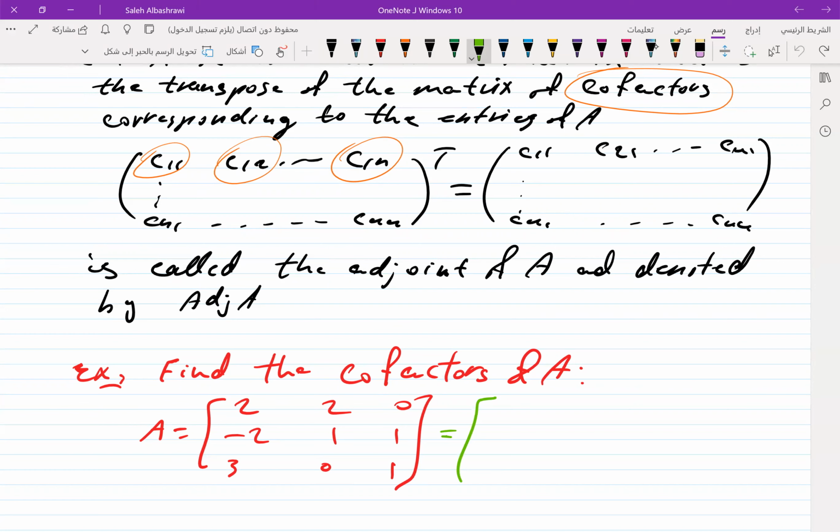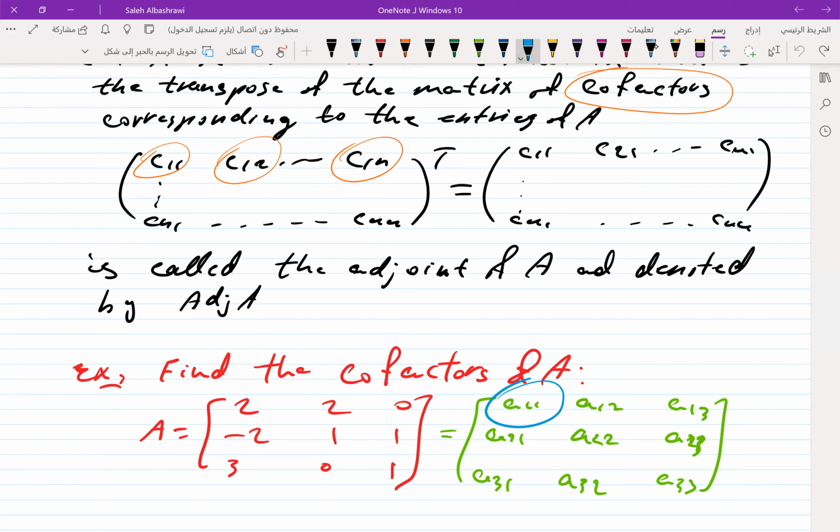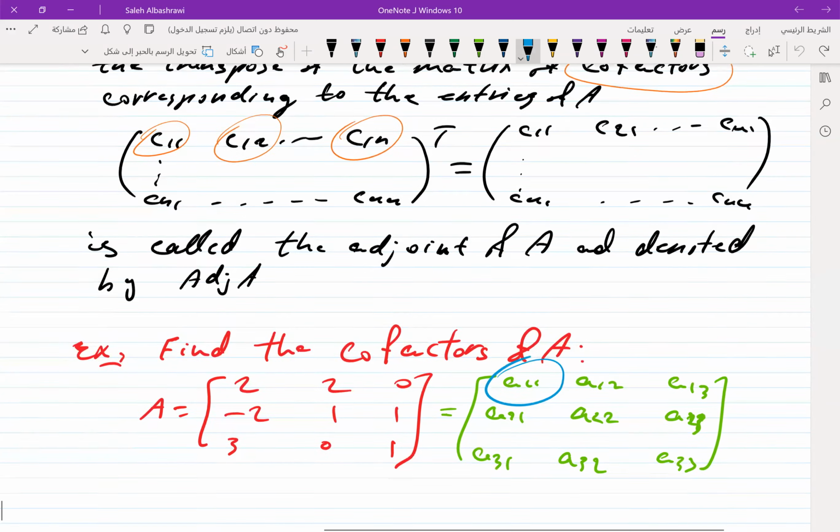The general notation for the matrix is A11, A12, A13; A21, A22, A23; A31, A32, A33. These are just the general form. Now, the cofactor corresponding to the first one, A11, is called C11. Let's find these cofactors now.